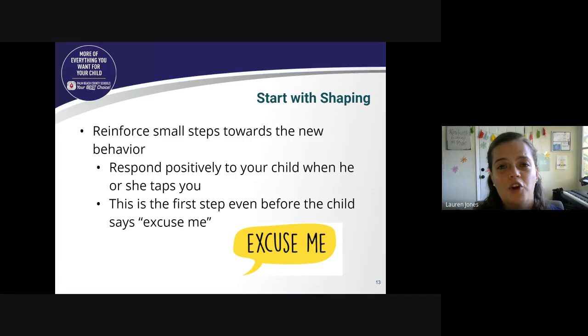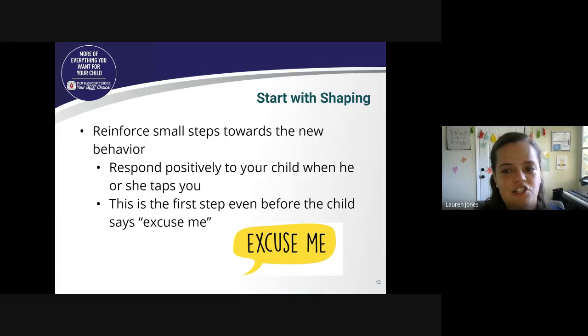Start with shaping when you're working on these replacement behaviors. Shaping means that we're reinforcing small steps towards the new behavior. So let's go back to that example when you're on the phone and your child's saying, "Mom, Mom," over and over again. When we're first teaching that replacement skill, we might start with just the tapping.